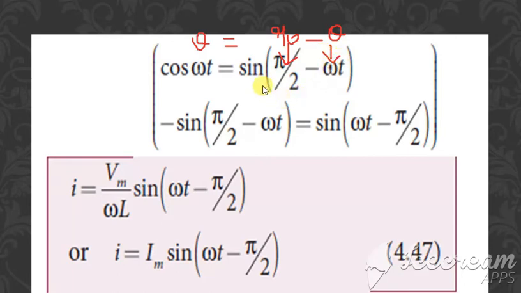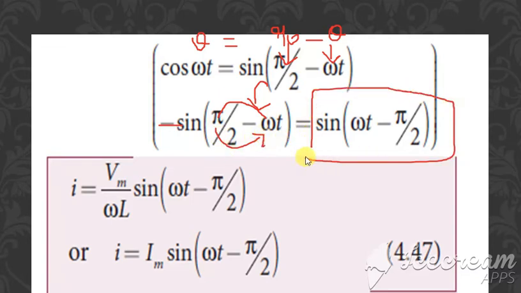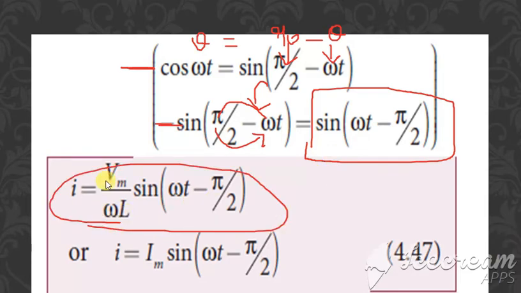Because we have the minus sign here, we transfer it and we get sin omega t minus pi by 2. Since there was a minus cos in front, we write a minus here. So by changing only the terms, we get sin omega t minus pi by 2.